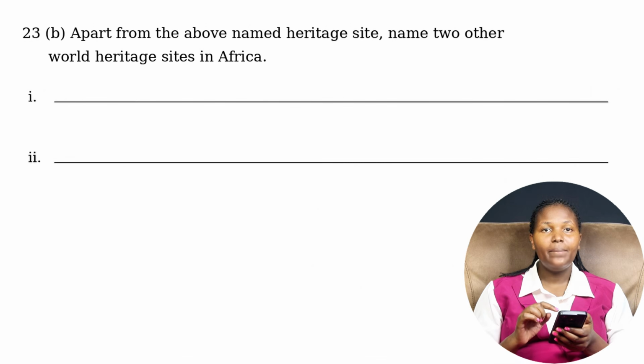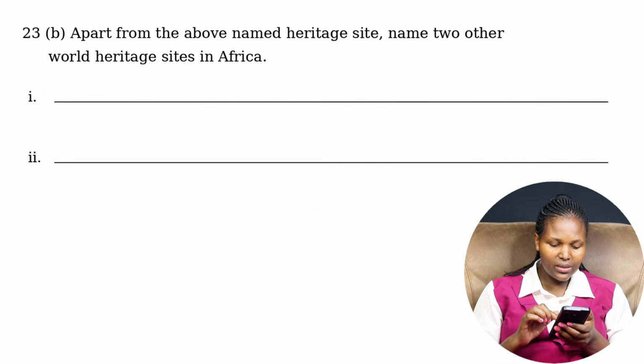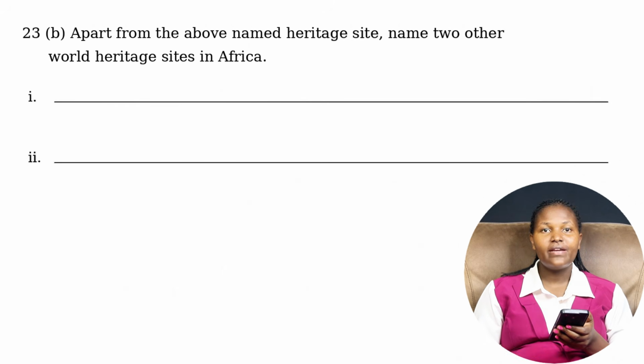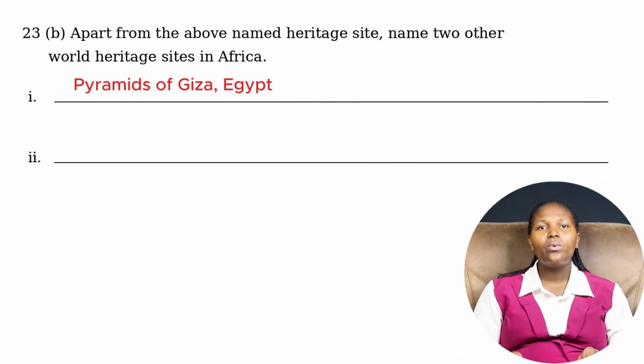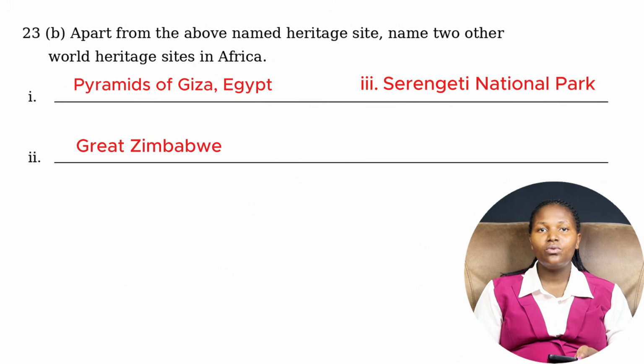And then question B says, apart from the above named heritage, name other 2 World Heritage Sites in Africa. So we have very, very many of them, like the pyramids of Giza in Egypt. We have the Great Zimbabwe, you see, the Serengeti National Park. The Serengeti National Park, that one you should not forget.